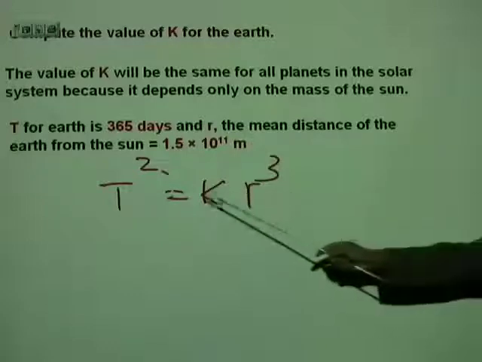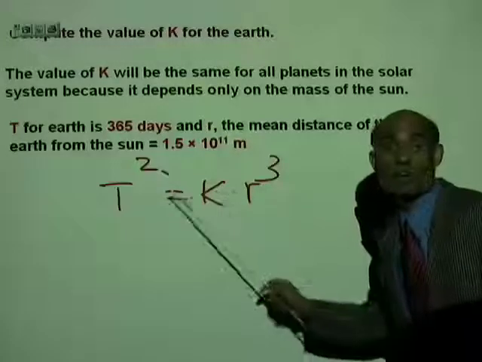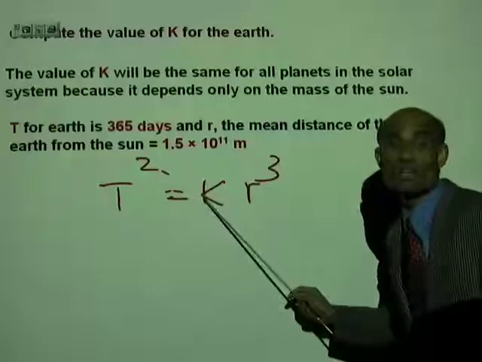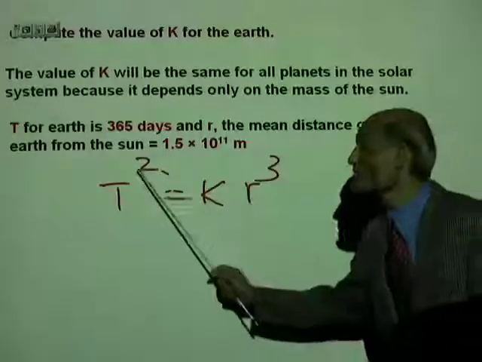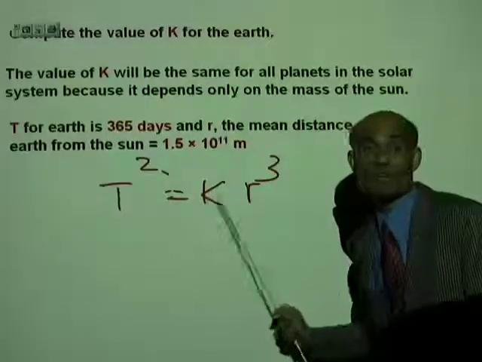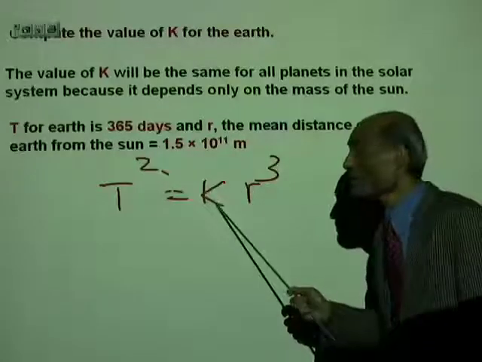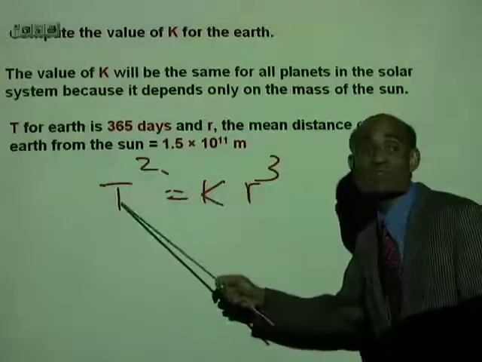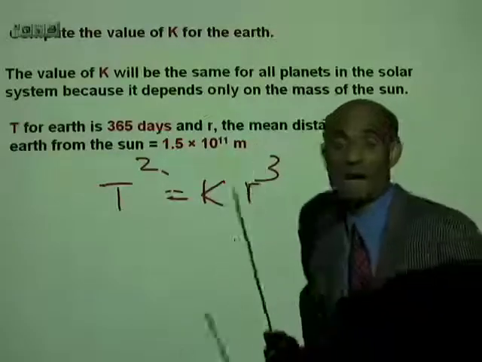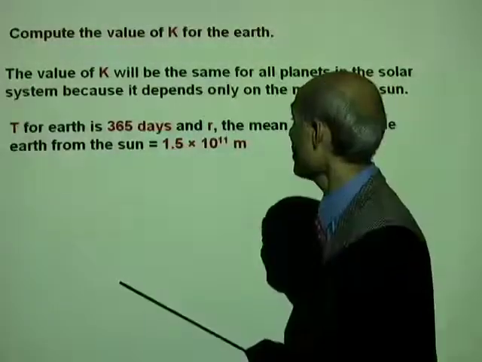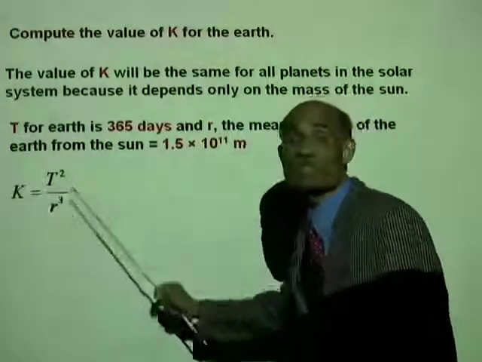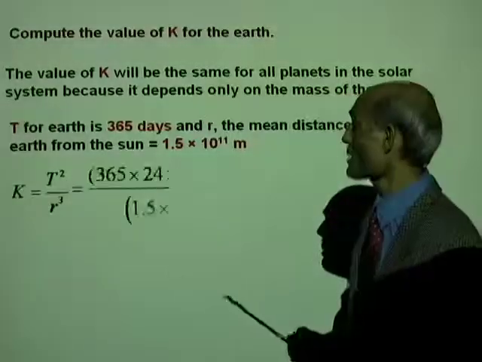Is that right? This is the statement of the third law. T squared equals k r cube. We know the period of the Earth. We know the average distance of the Earth from the Sun. Therefore, k equals T squared divided by r cube. All right. k equals T squared divided by r cube.